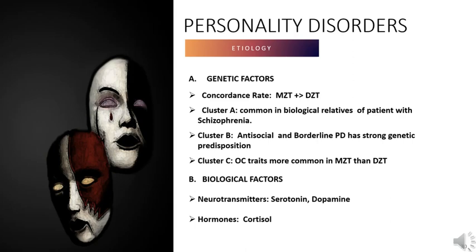One of the best-known biological theorists was Hans Eysenck, who linked aspects of personality to biological processes. He emphasized that personality is influenced by the stress hormone cortisol. According to his theory, introverts have high cortical arousal and avoid stimulation, while extroverts have low cortical arousal and crave stimulation.